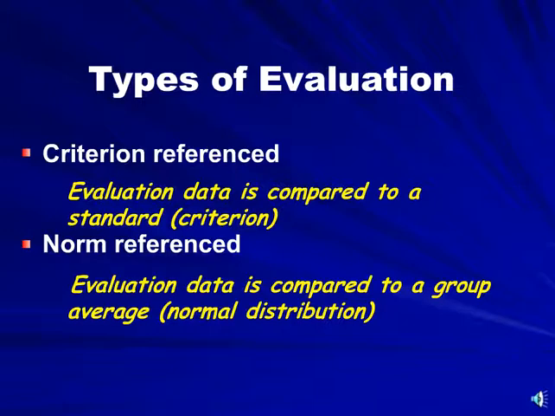But if we score below that average score, then we make a value judgment based on the fact that we are inferior to the rest of the group. Standardized tests are norm-referenced. That is, the test is given to a large population, average scores are determined, and then whatever score students earn is a score that is in relation to that average. In other words, it's a reference to the norm.